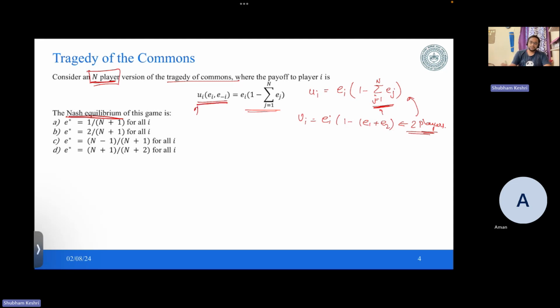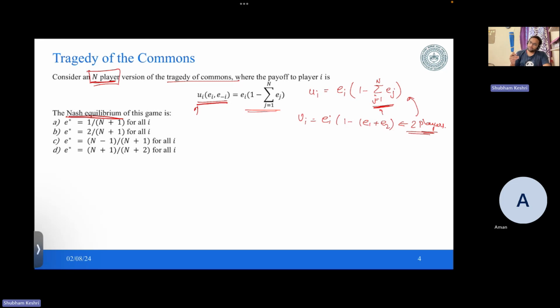And therefore, you can obtain at which value or at which response, the best response of that player, such that the utility is maximized. That is what the best response is. Given the strategy of all the other players, what is the best response of Ei?